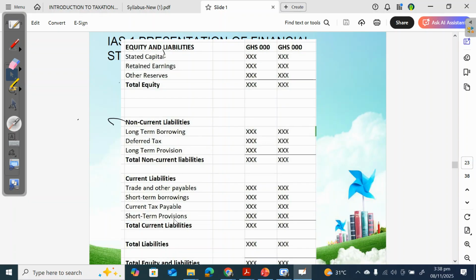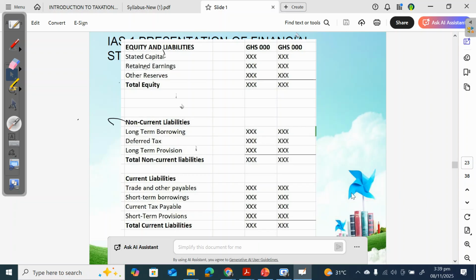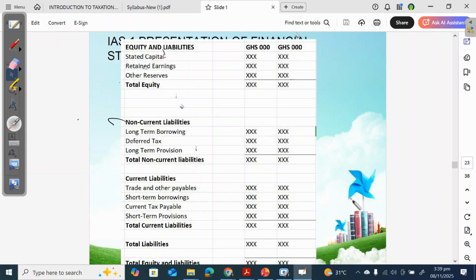So we must cover all the standards in order to prepare the balance sheet. Do you get it? Because as you can see, most of the items have standards we use to prepare them, so you need to understand what those standards are.